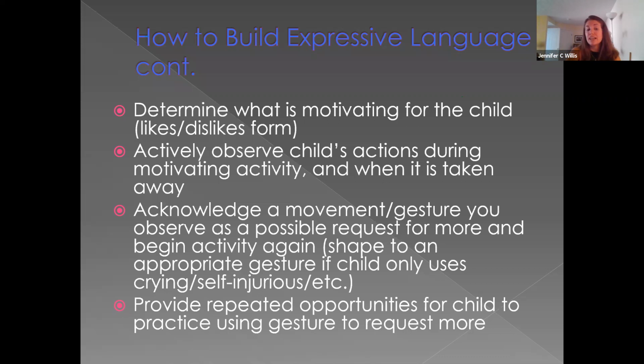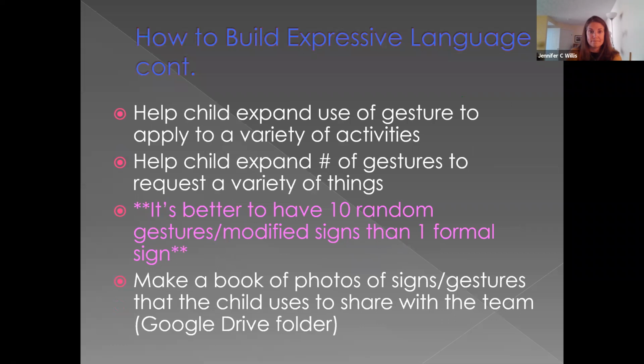And again, providing repeated opportunities for the child to practice using the gesture to request more or request something that they really like. Just repeated opportunities to practice that engagement and that communication with others. We're going to help them expand the people that they talk to, the number of gestures, the places that they communicate about, all of those things, because always remember it's better to have 10 or 50 even random gestures rather than one formal sign.